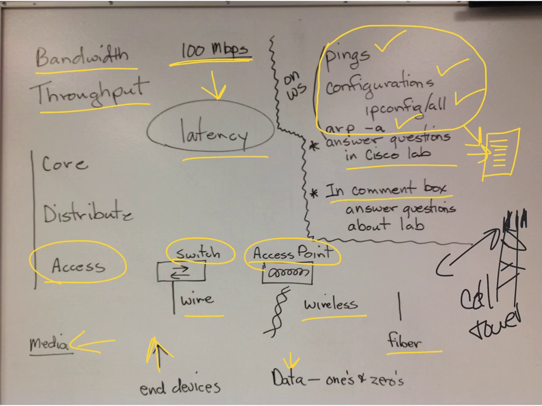And then in the comment box, they can answer the questions about the lab. And they submitted all that in Canvas. Now I'll take a look at it, and we'll talk a little bit about how that looks and how to do that. And we'll do the other lab from Chapter 1 on Thursday, and possibly get started with some of the lab work from Chapter 2.